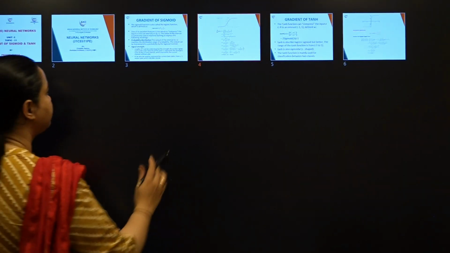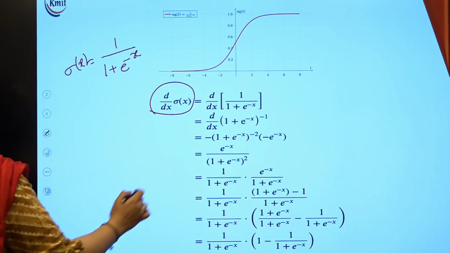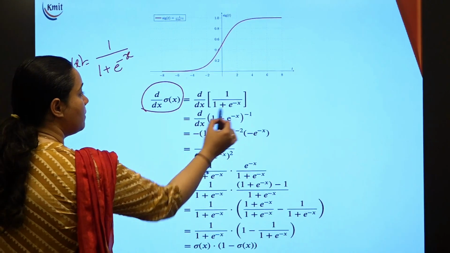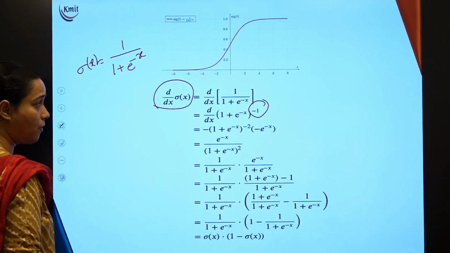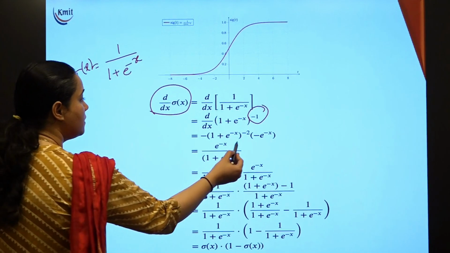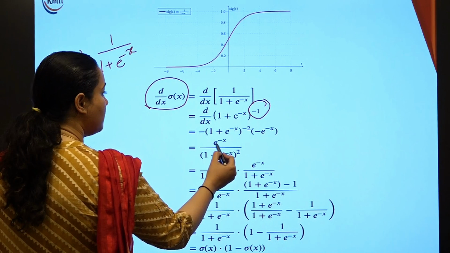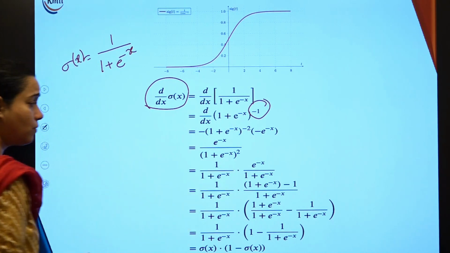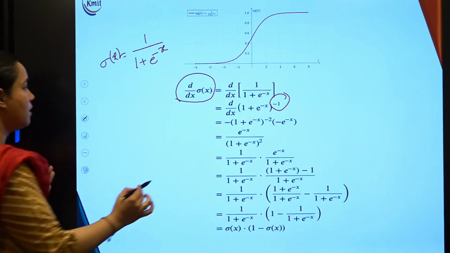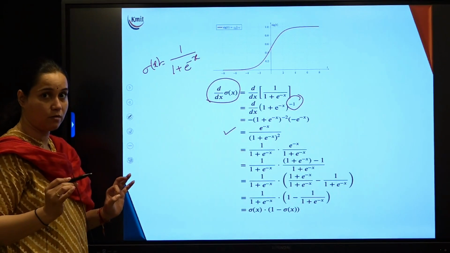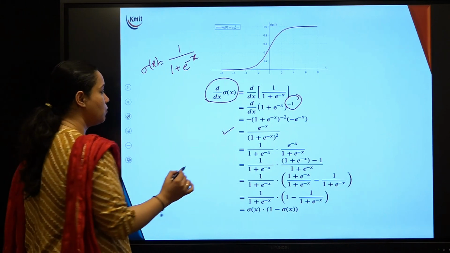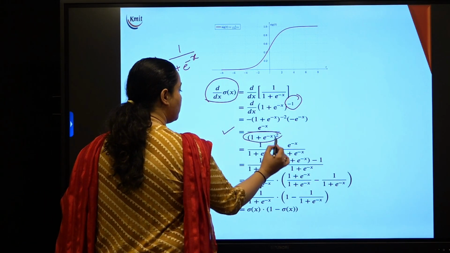It is d by dx of 1 by 1 plus e power minus x, which I am putting as (1 plus e power minus x) power minus 1, apply the simple derivative formula to it, and then you can see very simply I got e power minus x by (1 plus e power minus x) whole square. Now, you can stop over here, but you always want to put it in standard notation. So, what I am supposed to do is separate this denominator over here.